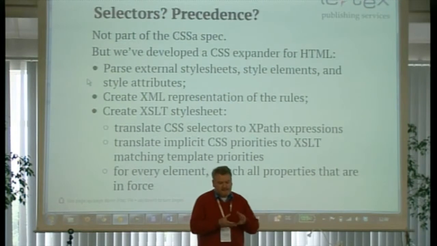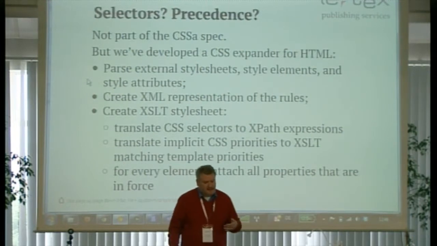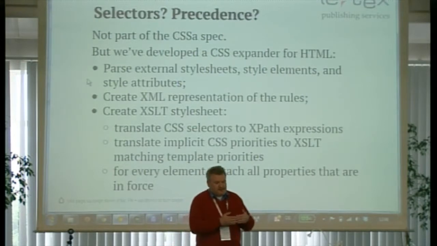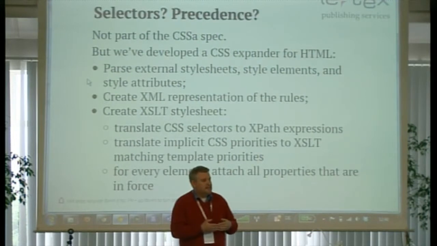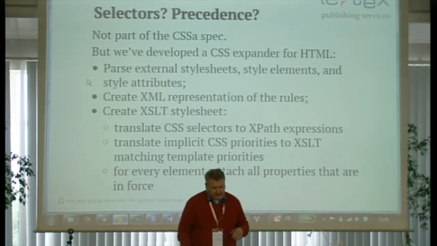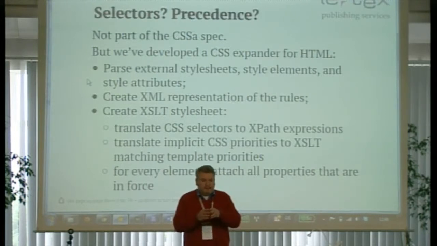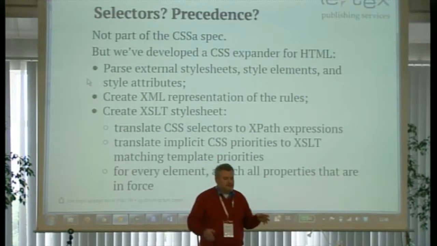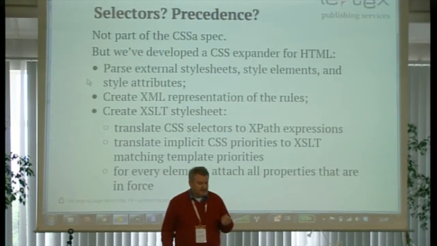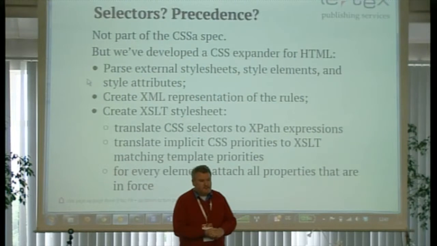So creating an XSLT from the styling information that is being gathered from centralized linked styles or explicit local override formatting, translating all these priorities of CSS to XSLT matching template priorities, and applying that to the HTML input in order to make every formatting explicit at every element, so that you can check, for example, a resulting EPUB that is intended for mobipocket publication for some attributes that aren't supported in mobipocket.